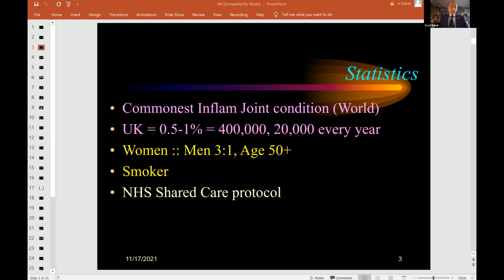There is a preponderance in women by 3 times as compared to men, and the mean age is around 50. Rheumatoid arthritis is more common amongst smokers.